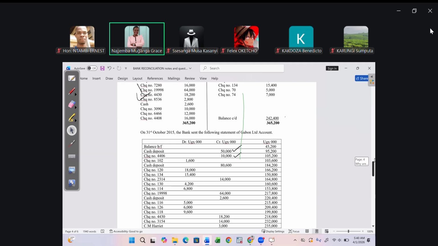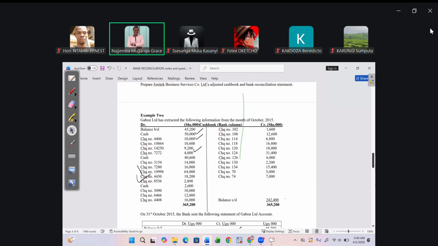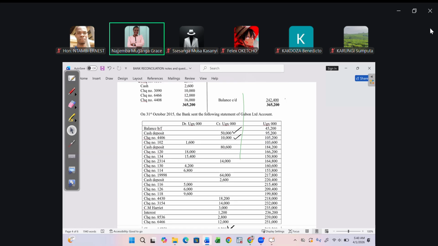Yeah. Okay, let's proceed. So we have check number 7272, 4,000 on the debit cash book. We expect it on the credit. Don't waste a lot of time. You start looking for the amount on the opposite side. Check number 7272. Anyone who has seen it?